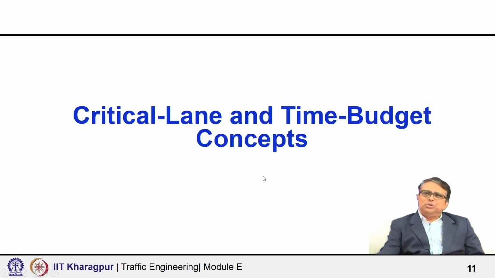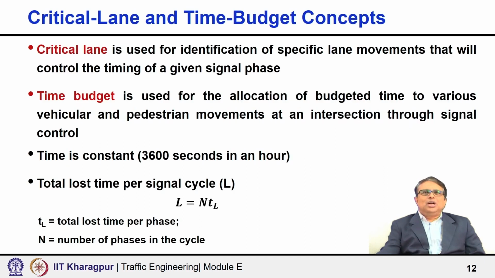Now, going to the next part, critical lane and time budget concept. Now, two components we are talking about. We are talking about critical lane and also we are talking about time budget. Critical lane is used to identify specific lane movements that will control the timings of a given signal phase.